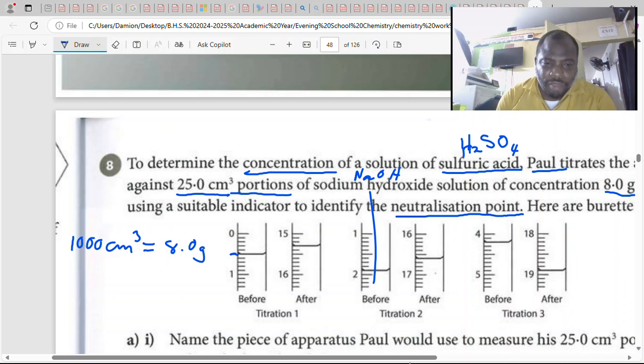So definitely 0.5. And then when we look at after, 15.3. So 15.3.